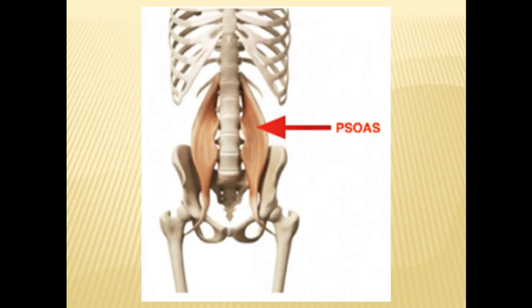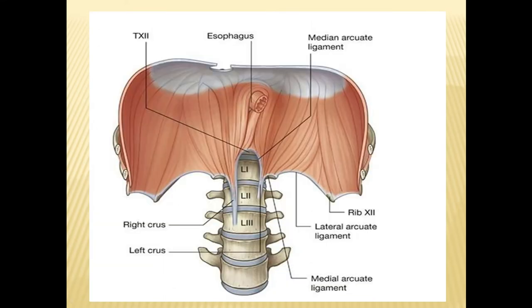Let's see the psoas major first. This is the psoas major muscle, right and left side, both the sides. You can see here also the lumbar vertebra, and what else can you see? The medial arcuate ligament. Here is the medial arcuate ligament.